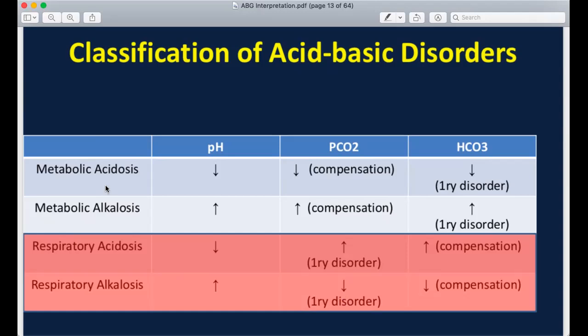Now, let's talk about compensation. Let's discuss it with metabolic acidosis. If pH is decreasing as well as HCO3 is decreasing, but at the same time you notice that carbon dioxide is also decreasing, that is to maintain the compensation.